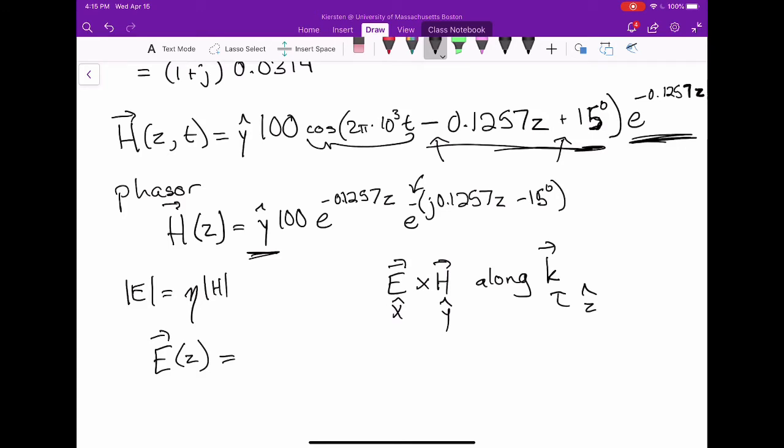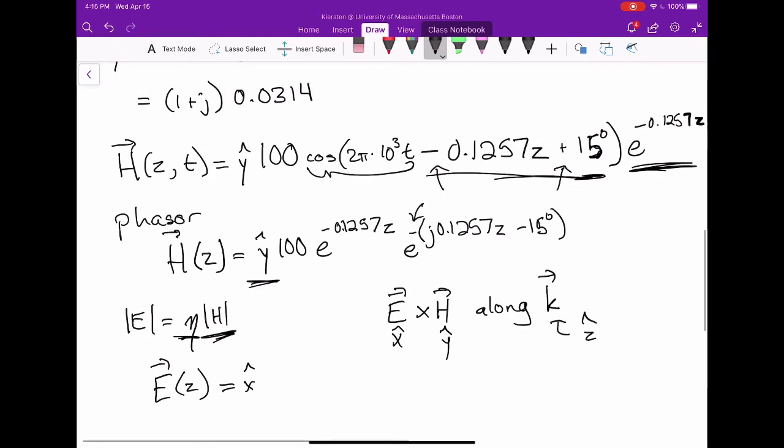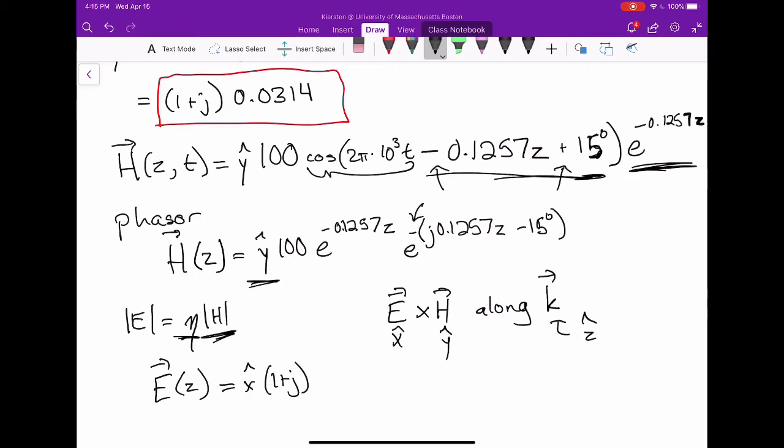So, first of all, we got our x unit vector here. We're going to multiply eta times the amplitude of H. So eta up here was 1 plus j times 0.0314. So that's going to be x hat times 1 plus j times 3.14.